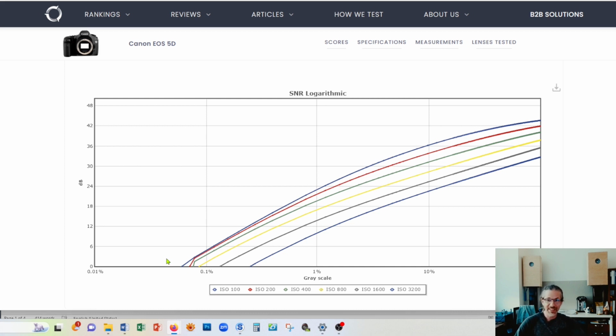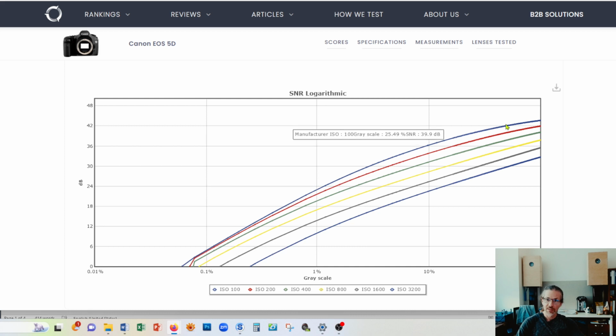Partially, I think it's not just because of the sensor technology, but it's because the 5D Classic only has 12 bits per pixel, and the Leica M11 and most digital sensors today have 14 bits per pixel, and those 2 bits are the ones that extend these lines further from here.